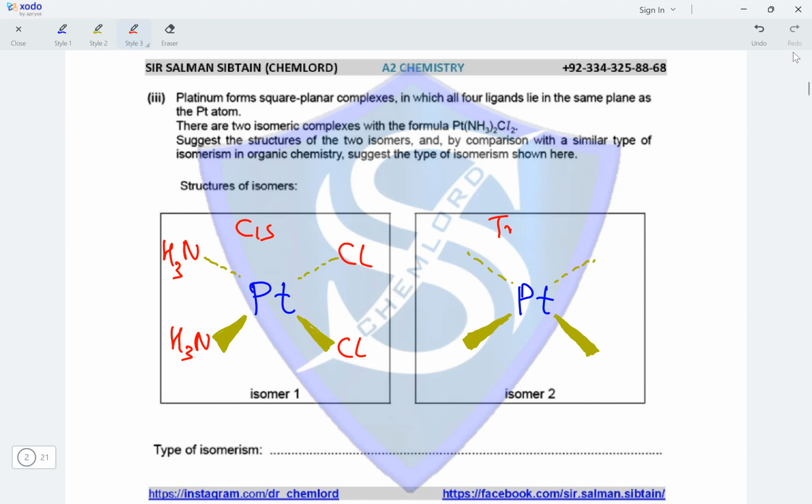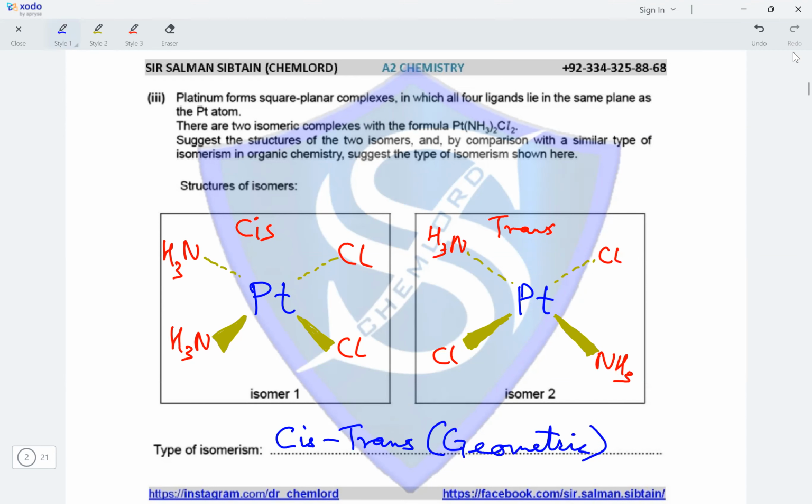In the trans isomer, we have two chloride ions placed diagonally opposite to each other on the platinum ion, and ammonia diagonally opposite positioned as well. So the cis and the trans isomers have been drawn. This type of isomerism is cis-trans, also known as geometric isomerism, for Pt(NH3)2Cl2.